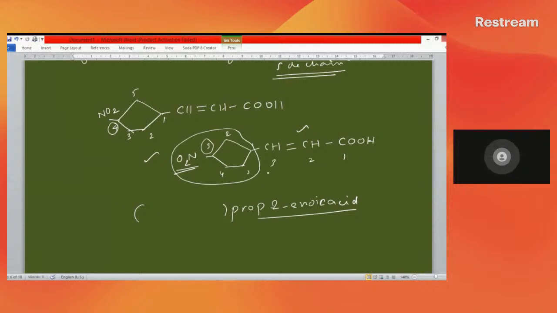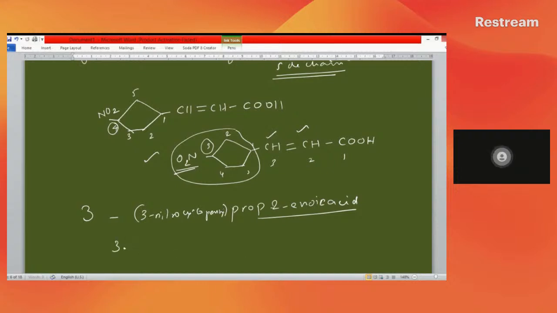It is present at which position? Third position of the propanoic acid. So 3 we can write. And in the ring structure, at position 3, you can find a nitro. 3-nitro. Cyclopentyl is the constant.